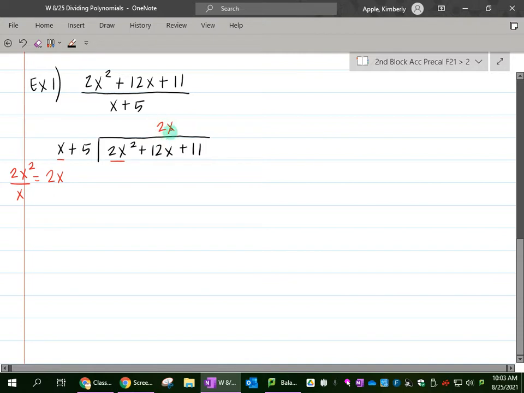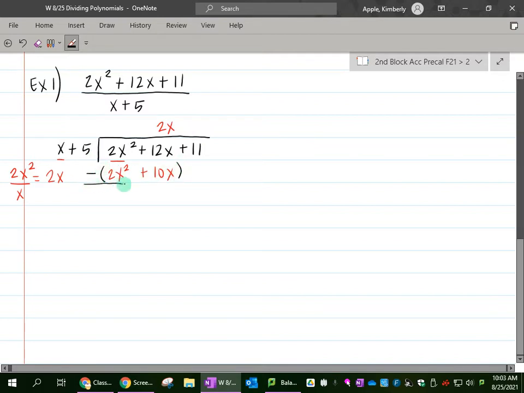So now that I have divided, I will multiply 2x by this whole thing. So 2x times x is 2x squared. 2x times 5 is 10x. Now I'm going to subtract, and I'm going to subtract the whole thing.